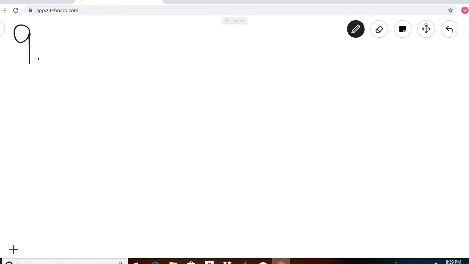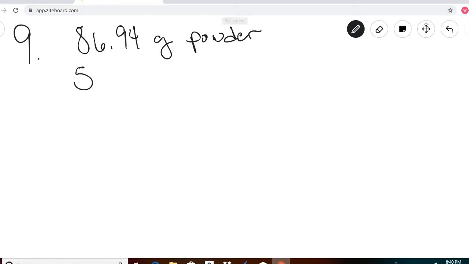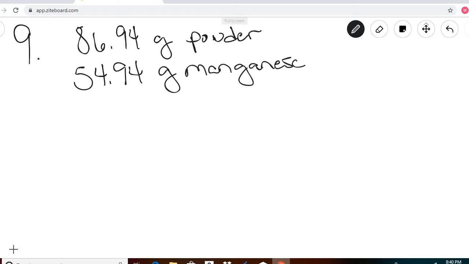We had 86.94 grams of the powder, and that was made by mixing 54.94 grams of manganese and 32 grams of oxygen.